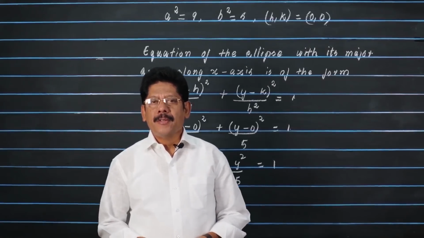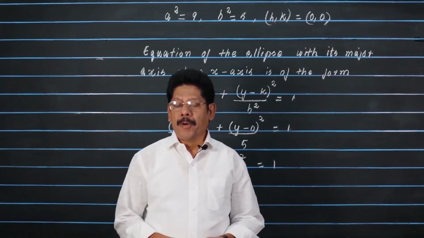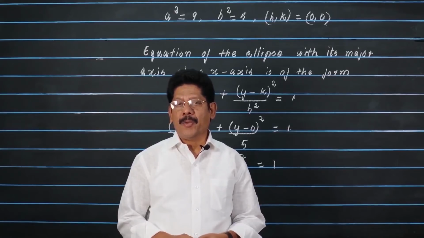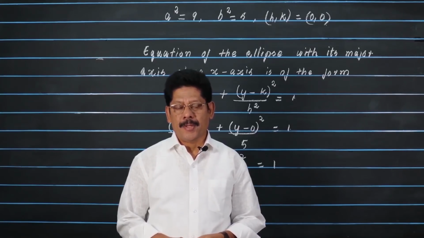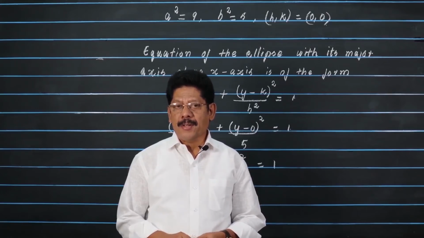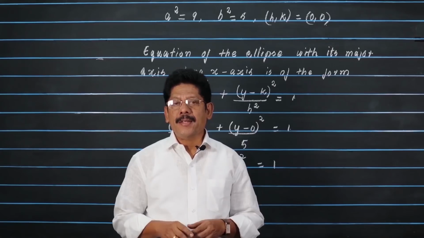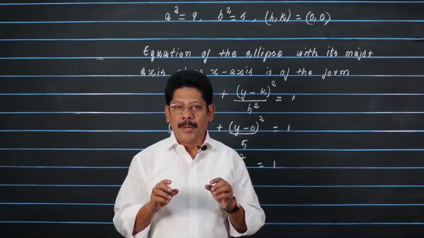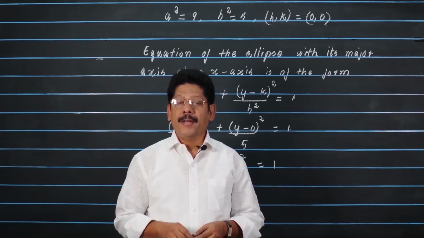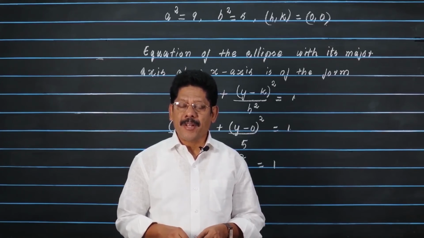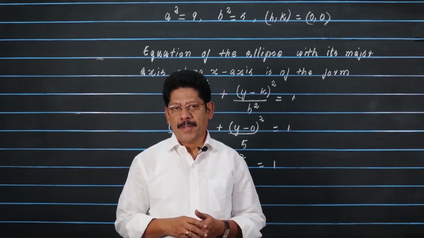Dear students, we have done nearly 5 problems in determining the equation of the ellipse. We haven't covered using directrix to determine the equation of the ellipse. As a teacher, I have noticed that there is a confusion among the students in determining the major axis of the ellipse.